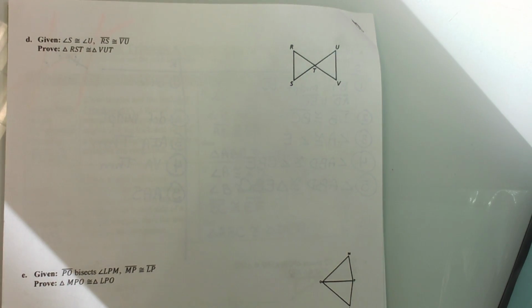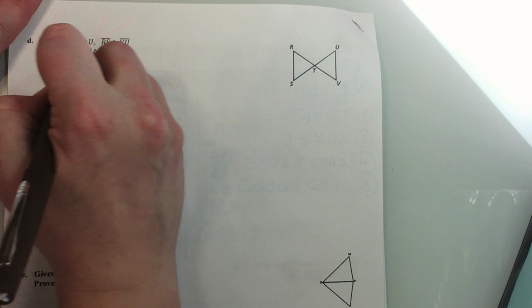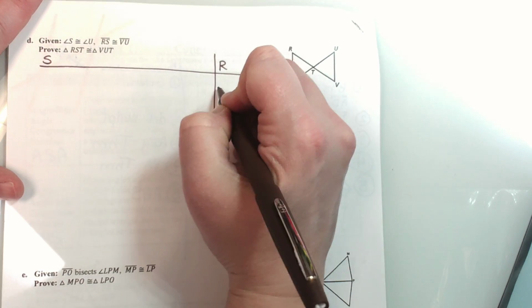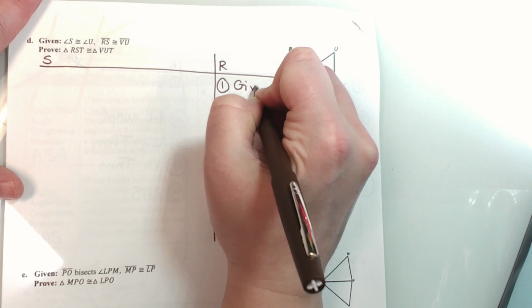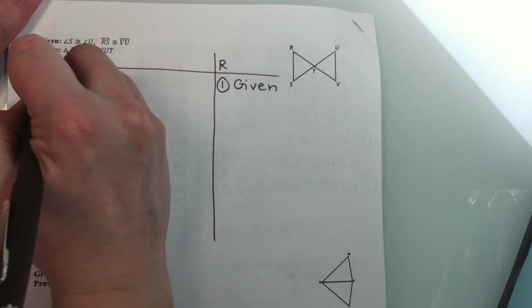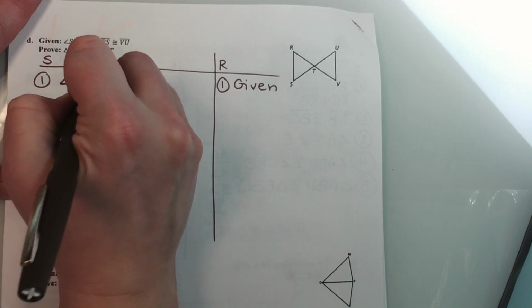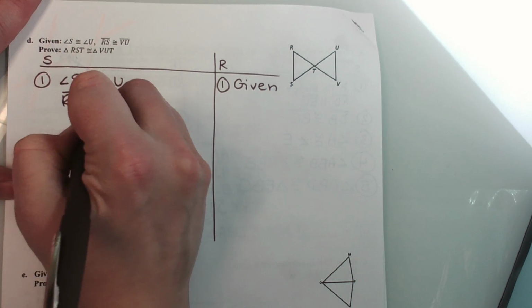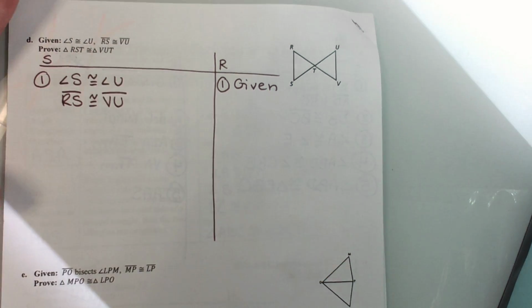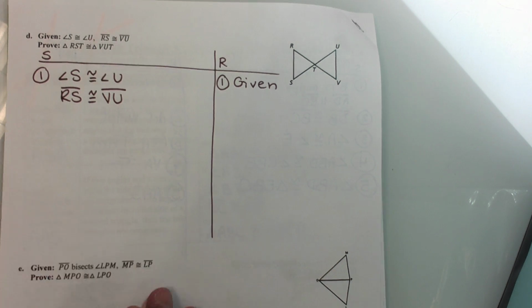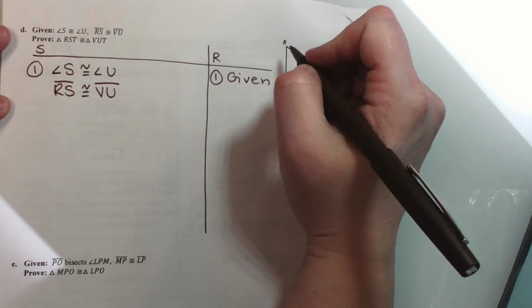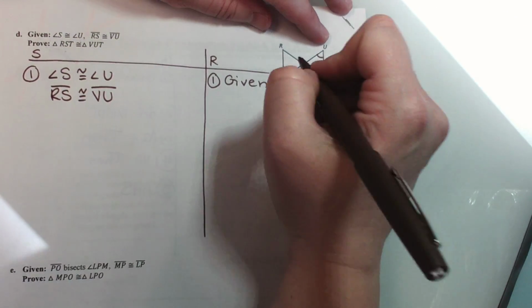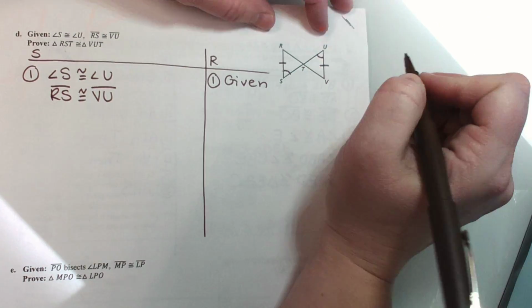Statements, reasons, given. Angle S is congruent to angle U. RS is congruent to VU. Angle S, angle U. RS, VU.